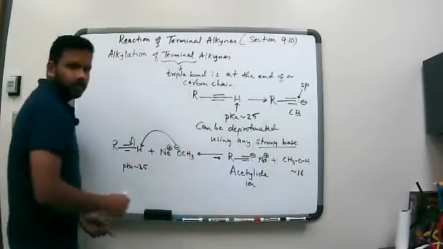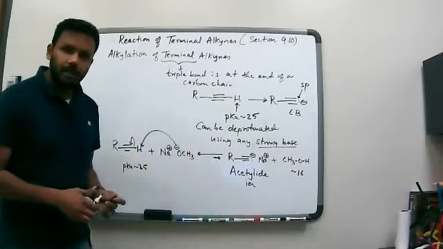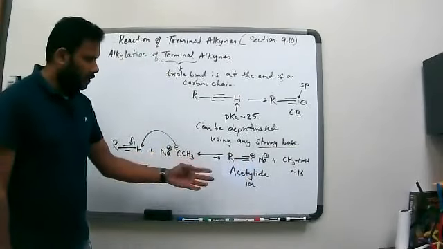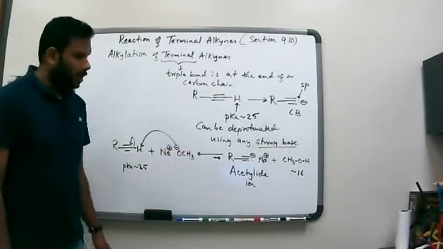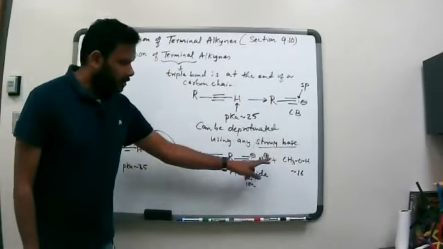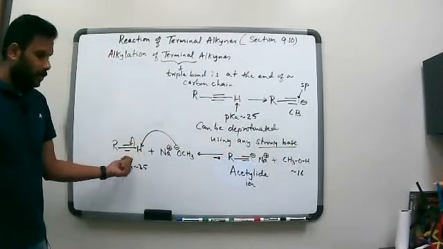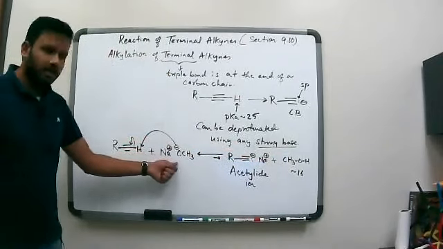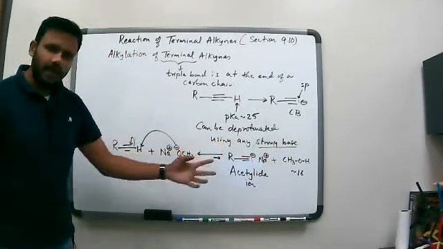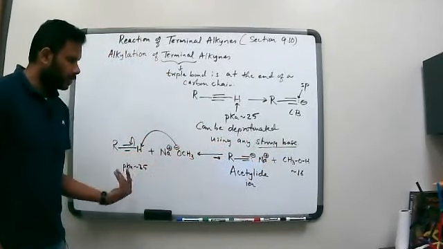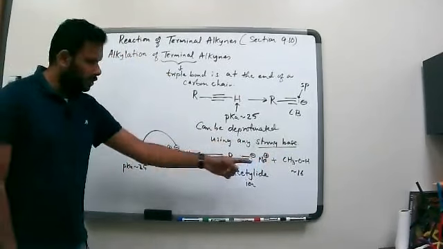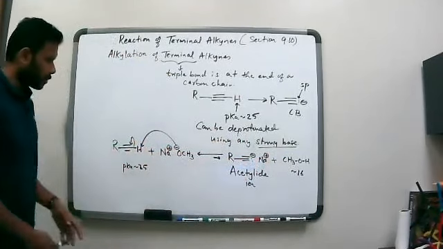The sp hybridized carbon with the negative charge is called an acetylide ion. So when you have an acetylide ion and an alcohol, that reaction is more likely to give you the alkyne plus the conjugate base of the alcohol, because our stronger acid is on the product side.